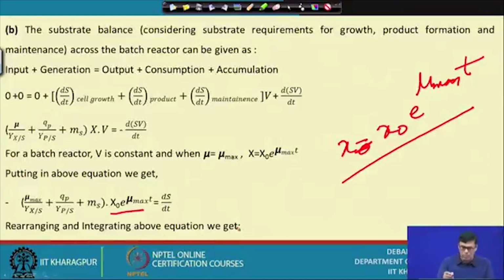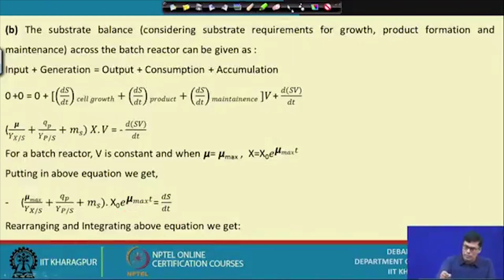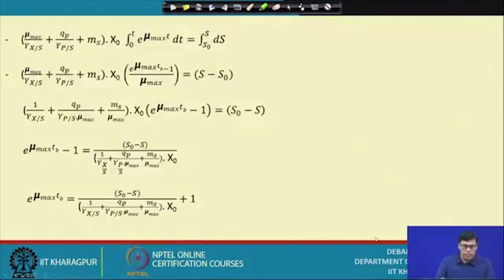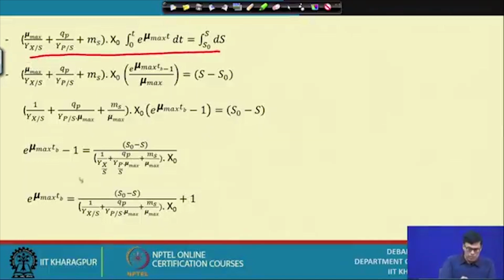By rearranging the upper equation and solving all these equations, finally we come to this equation: e to the power mu max into tb equals (S0 minus S1) by X0 times (1/Yx/s plus qp/Yp/s plus m/mu max) plus 1. This is what we can find finally, but I hope you can solve it by yourself and find this equation.